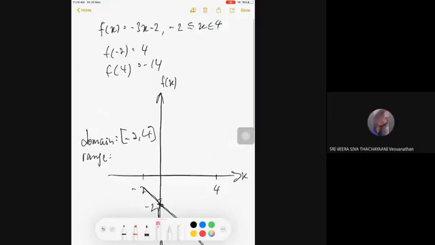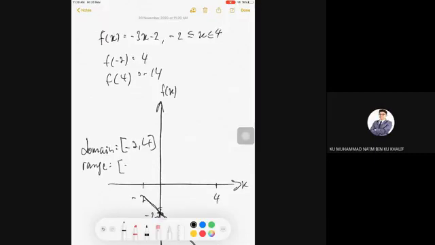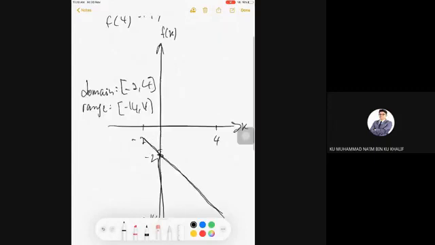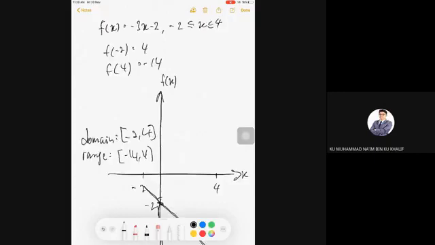So it's negative 14 and 4. Oh, I perlu tinggal. So it should be negative 14 somewhere here. Oh, 4 atasnya. Oh, sorry. Oh, it's somewhere here. So it should be our graph.